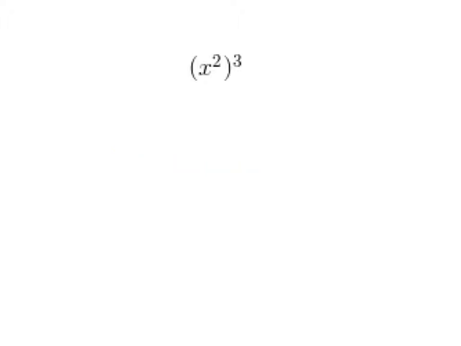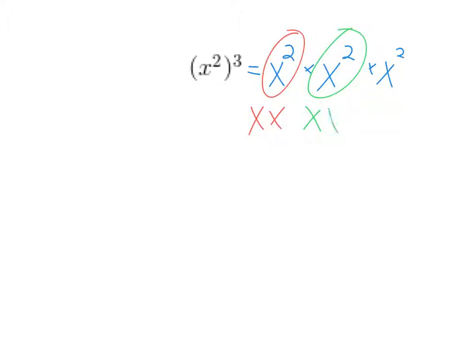Now we're going to raise it to an exponent. This problem is x squared raised to the third power. What that looks like is 3 of them being multiplied together: x squared times x squared times x squared. Each x squared is x times x, and I'm multiplying all of these together.